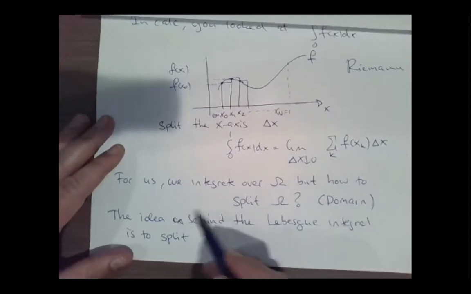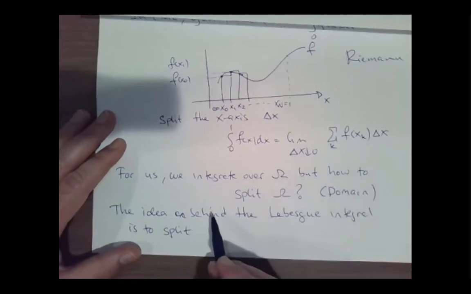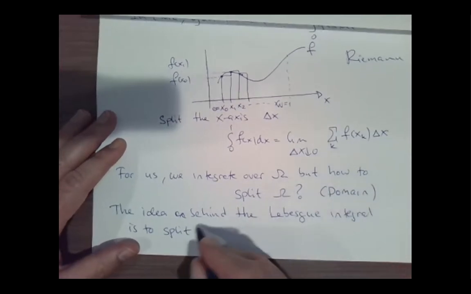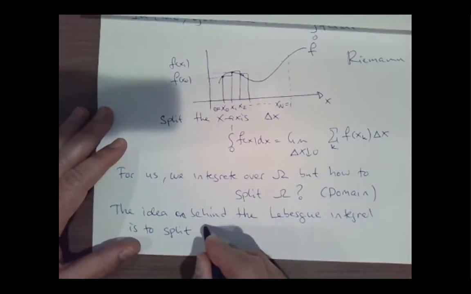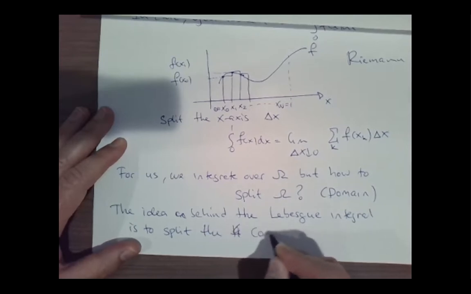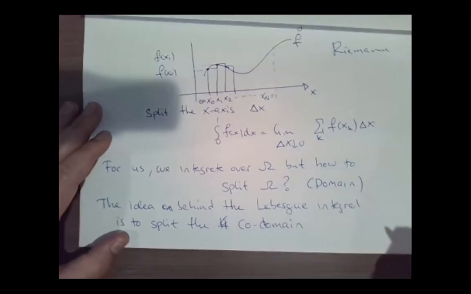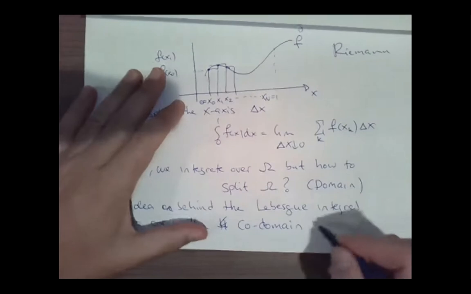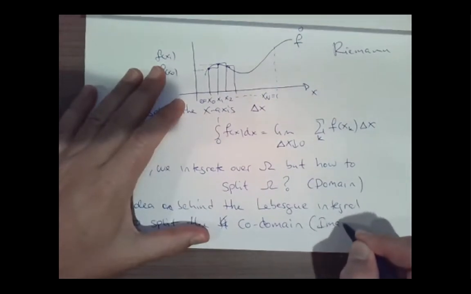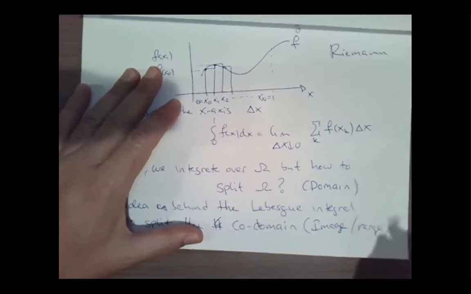So the idea behind the Lebesgue integral is not to split the domain, but to split the codomain. So this is the range of the image, range, whatever you want to call it.